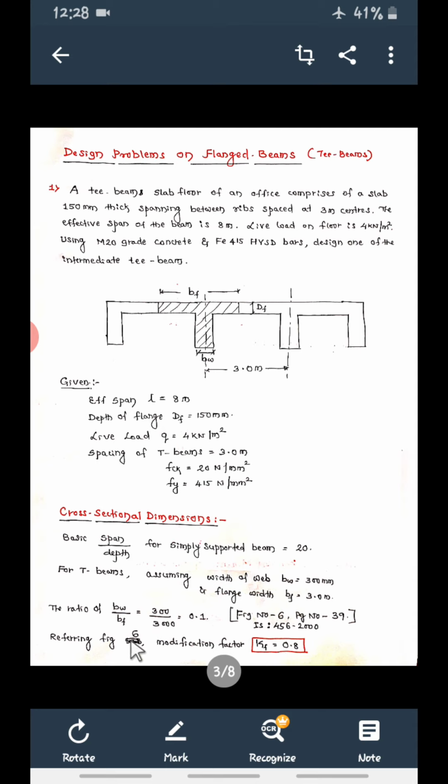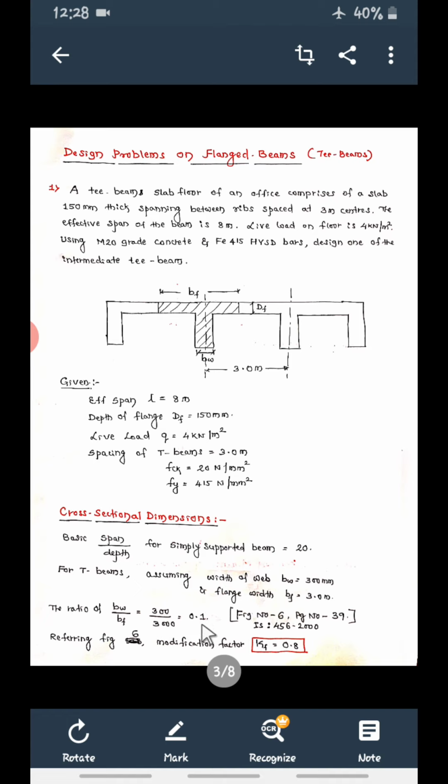If you refer to figure number 6 and calculate this bw by bf ratio, in that figure the x-axis will be bw by bf. So bw is 300 mm, the width of web we assumed, and bf is 3 meters, that means 3000 mm. So this ratio bw by bf is 0.1.